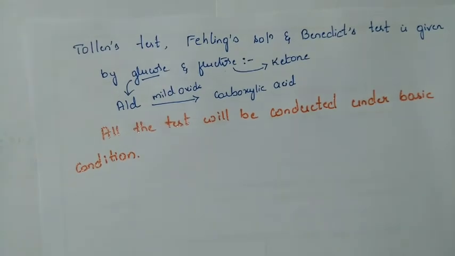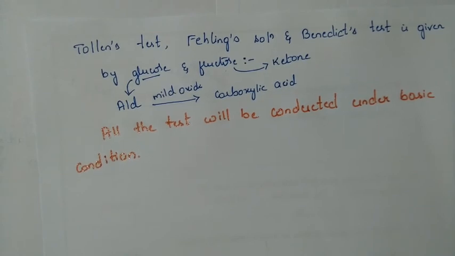What happens in this basic condition? If a carbonyl carbon with a ketonic functional group contains an alpha hydroxy group, it undergoes tautomerism, that is, a rearrangement takes place. It forms an enediol intermediate, which later rearranges to form an alpha hydroxyaldehyde.